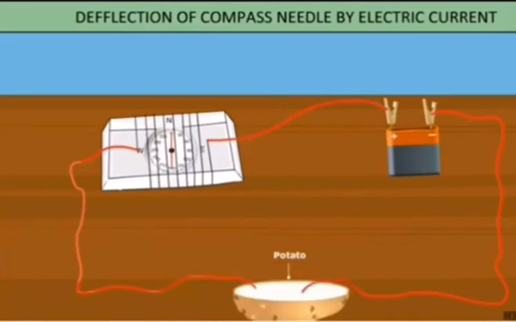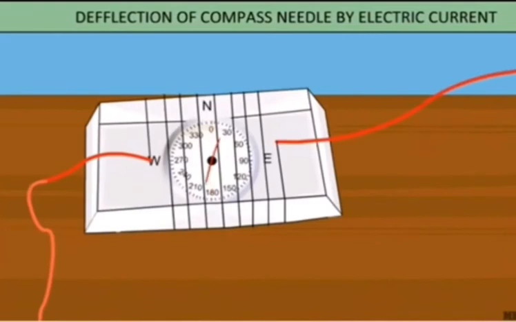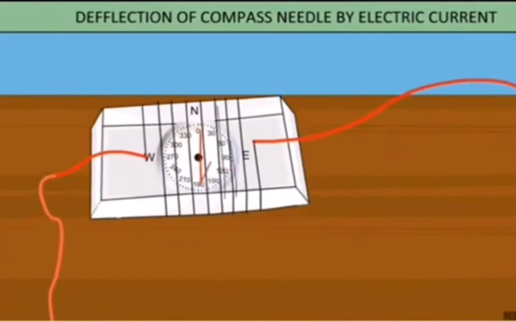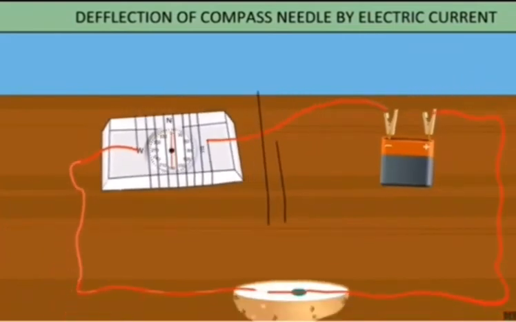Now insert the free ends of the wires into a half cut potato. You will observe that the compass needle gets deflected, and the wire connected to the positive terminal gets a greenish blue spot. This helps to identify the positive terminal of a battery or a cell when concealed in a box.